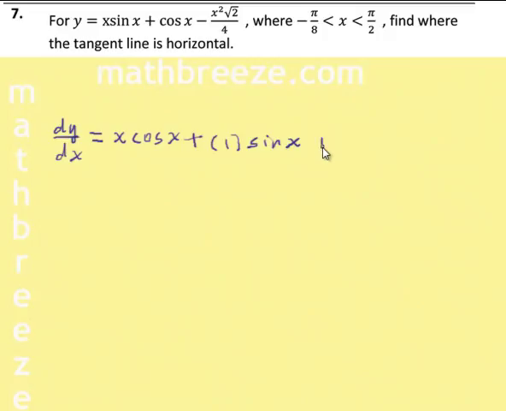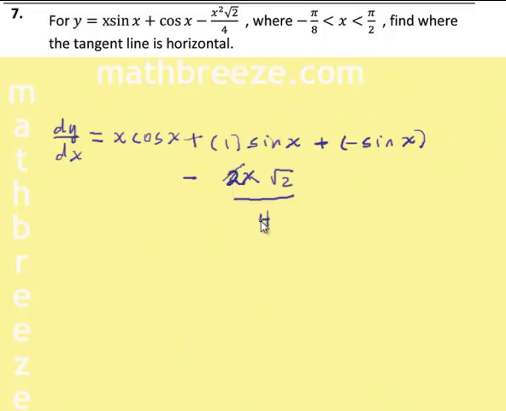Alright, continue on to the second term. The derivative of cosine x, that's minus sine x. And now the third term, the derivative of minus x squared times the square root of 2 over 4, just the power rule over here, we have 2x times the square root of 2 over 4.